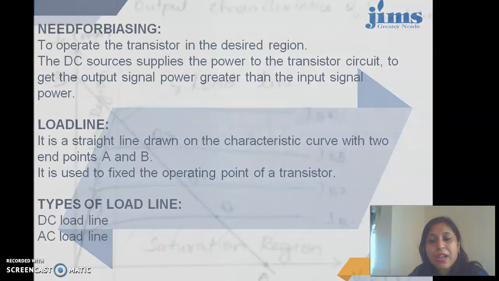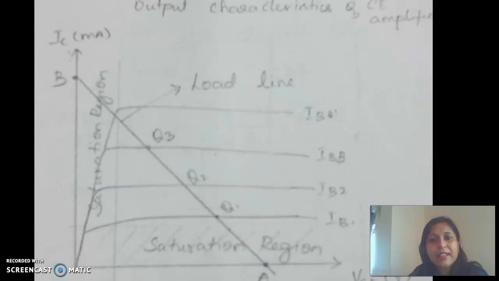There are two types of load lines, AC and DC. This is the graphical representation of a load line. This particular line going from B to A is called our DC load line. It is drawn on the VI characteristic plot taken between output voltage VCE and output current IC.